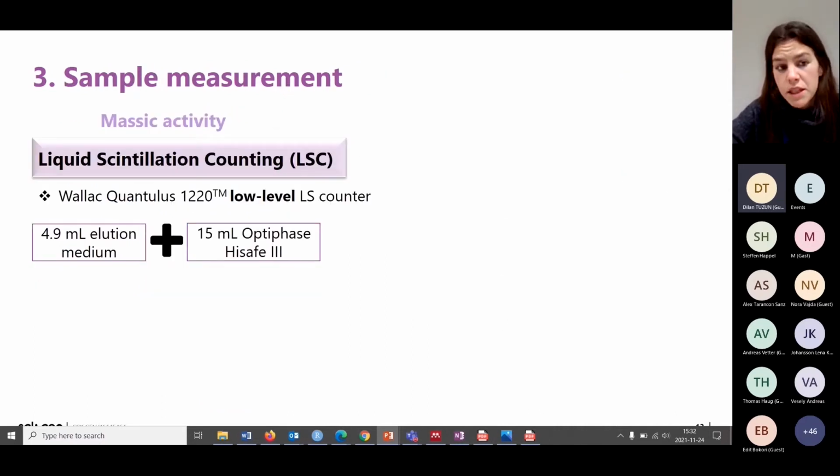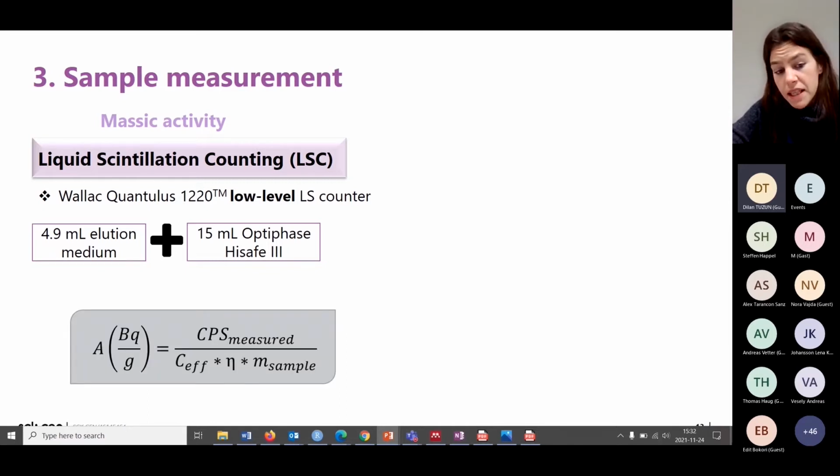For the sample measurement, the massic activity was calculated based on liquid scintillation counting measurements, and we used a low-level liquid scintillation counter. The samples were prepared mixing the elution medium together with 50 milliliters of liquid scintillation cocktail. The massic activity was calculated following the formula below, where the CPS were taken from the liquid scintillation counting measurements.